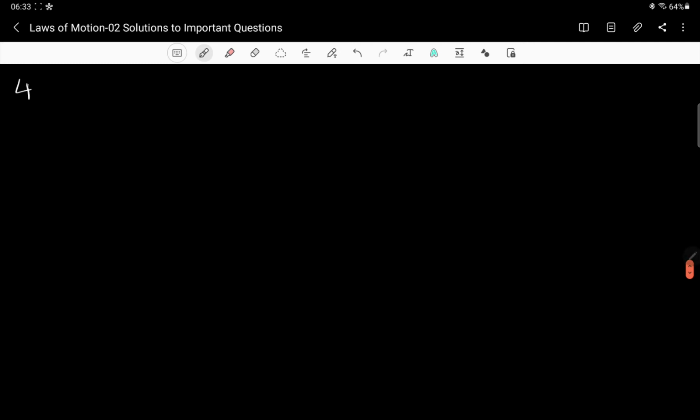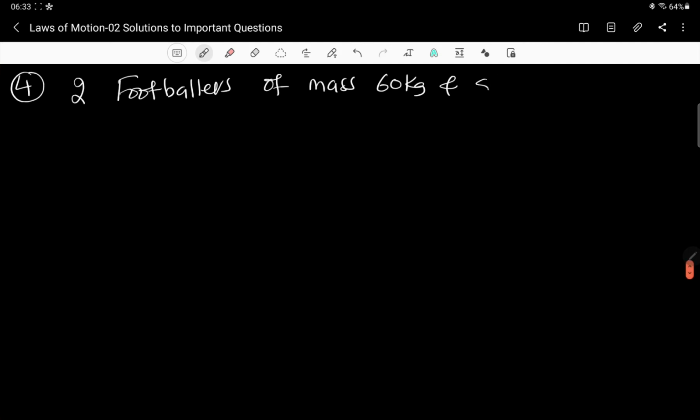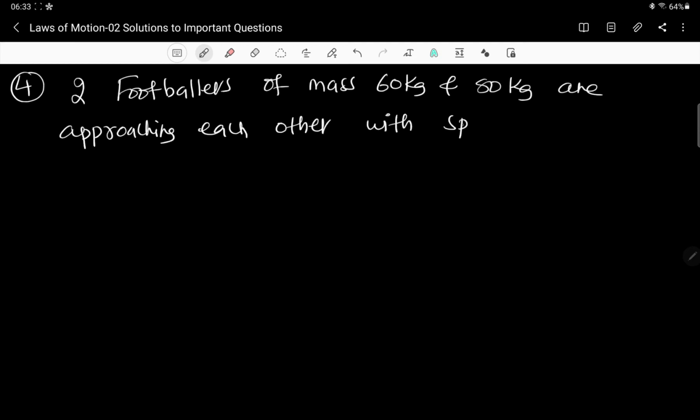Now let us look at this fourth problem. What is this fourth problem? Two footballers of mass 60 kg and 80 kg are approaching each other with the speeds 18 kilometer per hour and 9 kilometer per hour respectively.